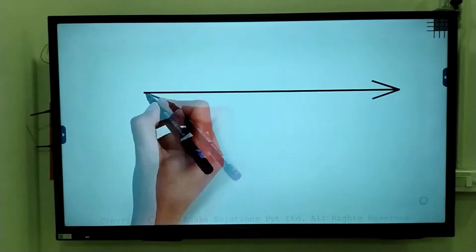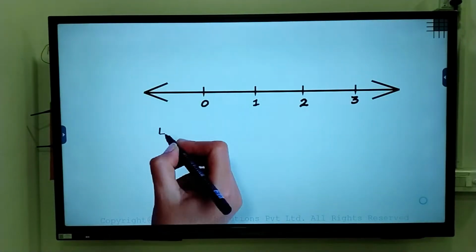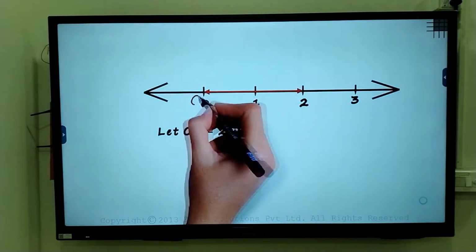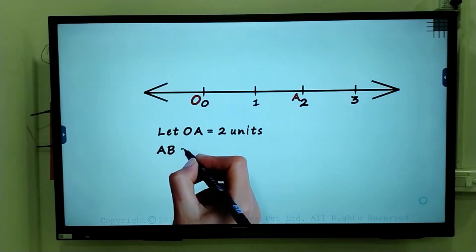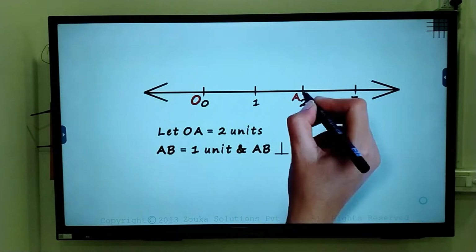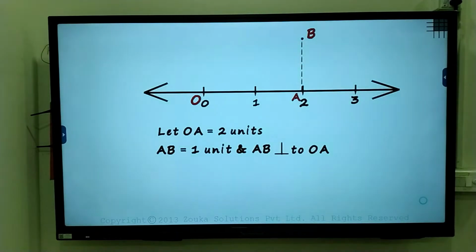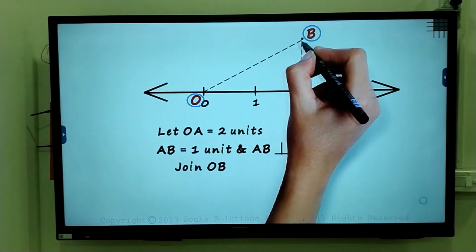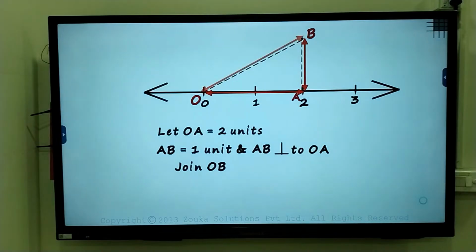So let's draw a number line up to 3 units. Let OA be equal to 2 units. Let this length be OA. Let AB be equal to 1 unit and let it be perpendicular to OA, like this. To complete the triangle, we join OB like this. Now we have triangle OAB, which is a right angle triangle.